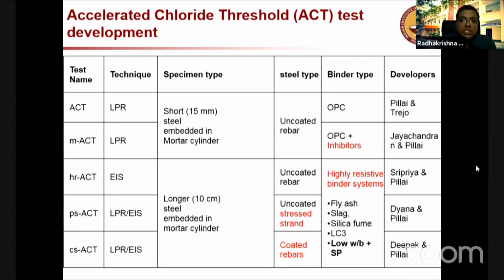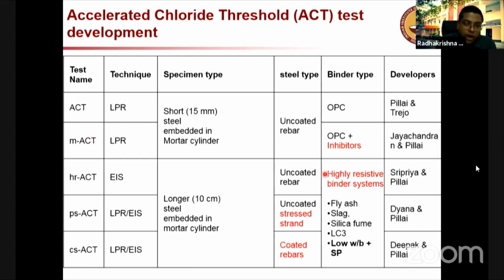It's not only OPC concrete; we now have a lot of inhibitors being used. Earlier, from my master's work, we developed a test called ACT, or accelerated chloride threshold. But later on we found that a lot of inhibitors were being used, so this test had to be modified to accommodate the presence of inhibitors.